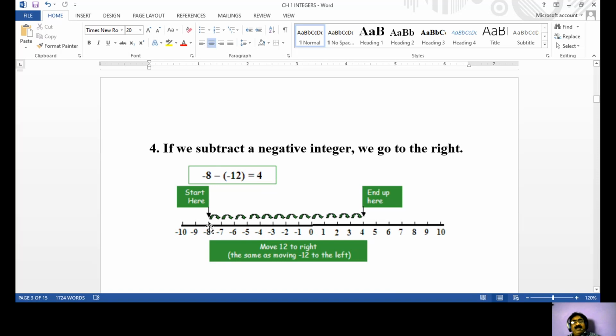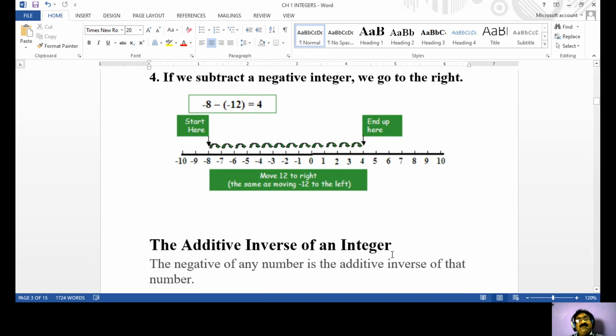After that, we want to subtract -12, so we go 12 steps to the right from -8: 1, 2, 3, 4, 5, 6, 7, 8, 9, 10, 11, 12, which will end at +4. So our answer is +4.